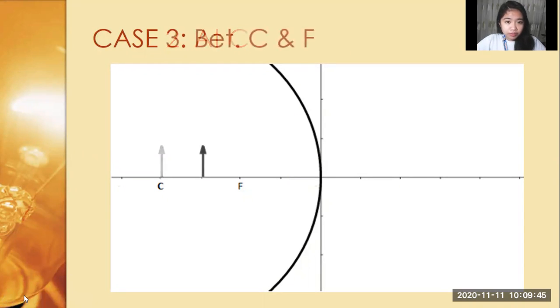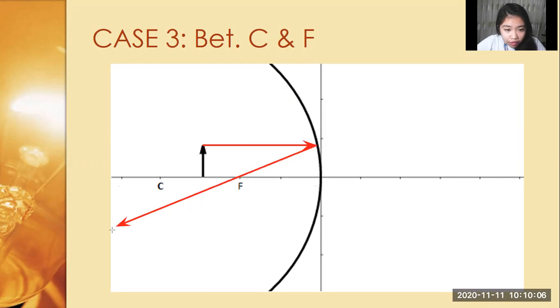So for case number 3, our object is found between C and F. So let us draw again our SR1, passing through F. And then SR2.